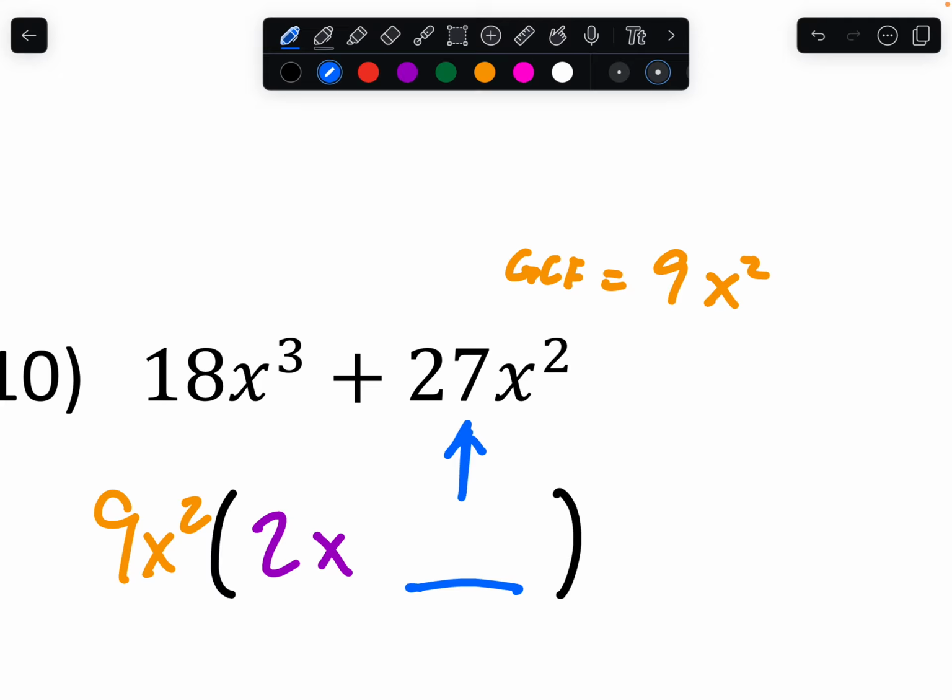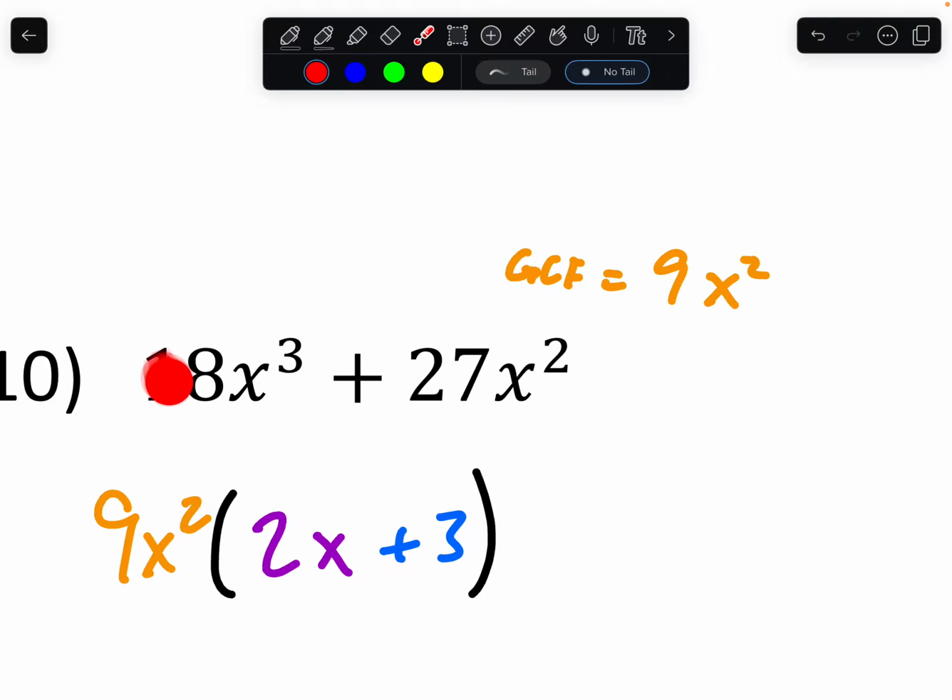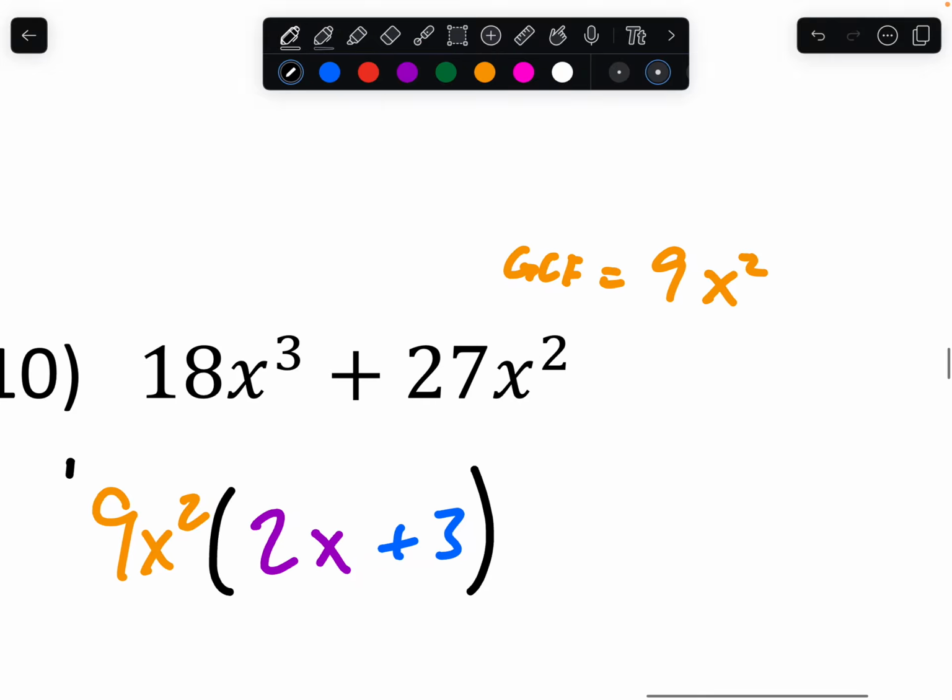Well, I need 27, so 9 times positive 3 would be 27. And then I already have 2 x's, so I don't need any more x's. That's it. So just kind of clean that up. So this times this is that, or they're equal to each other.